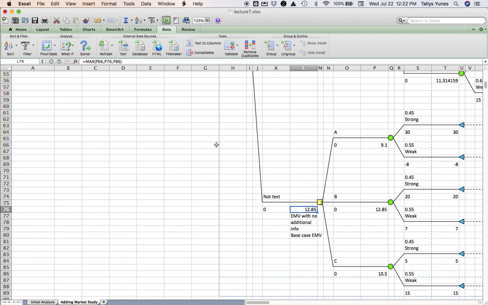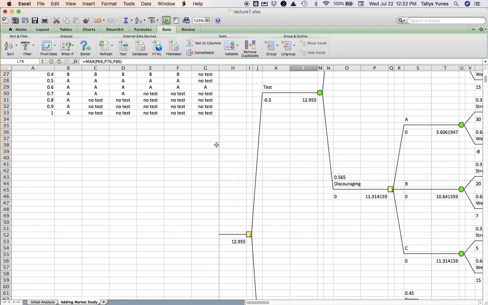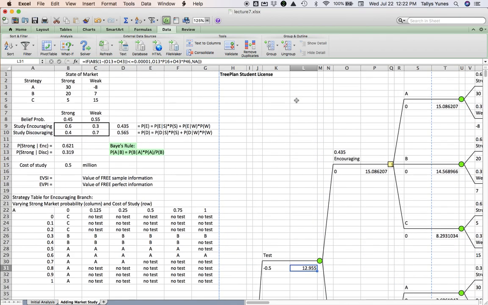Now, these people were given the choice of performing a test, which costs money, but ended up improving their EMV, even though you had to pay for it. So this thing is called the EVSI, and that acronym stands for Expected Value of Sample Information.